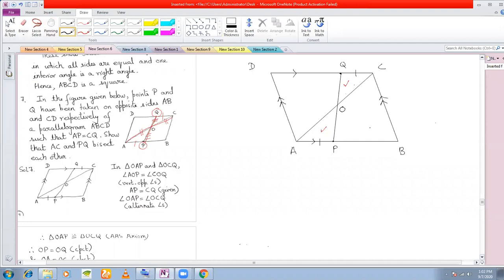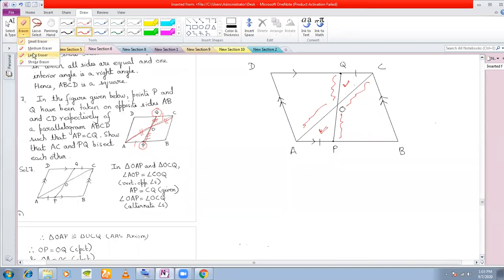If I can show that these two red ticked triangles are congruent, then I can say that this side is equal to this side by CPCT, and this side is equal to this side by CPCT, and therefore AC and PQ bisect each other.